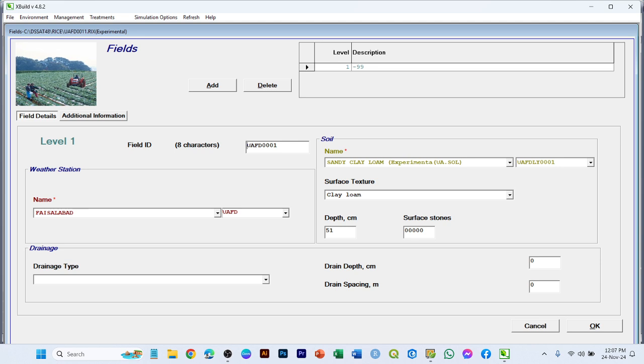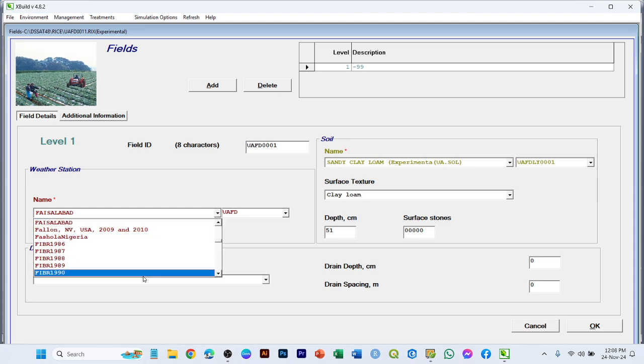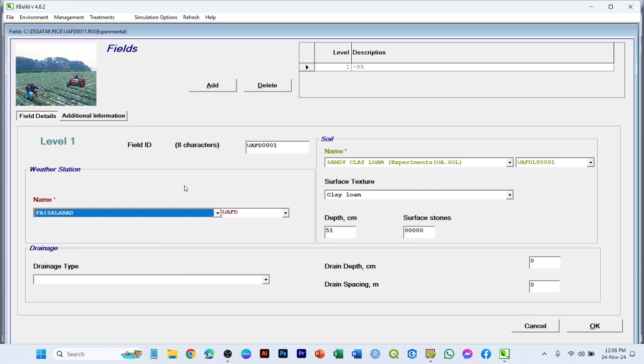You have to create the weather station first, I mean the weather file. After this file, I will go for the met file or weather file. Don't worry. If your file is created in the weather file, then automatically it will be shown over here. No need to do anything with this one. If you have a different location, I mean Ghazipur, if you created it, then it will be shown over here.